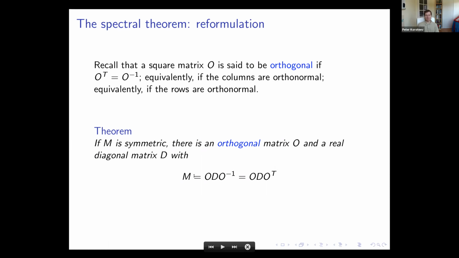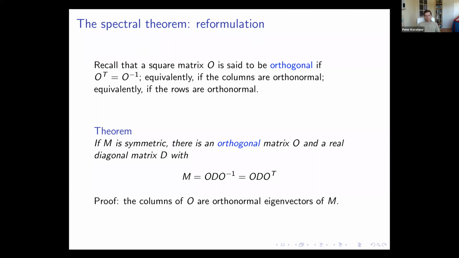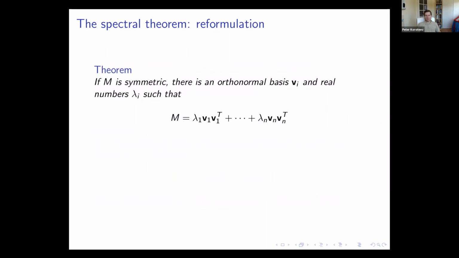In other words, every symmetric matrix can be decomposed into a product of an orthogonal matrix, a diagonal matrix, and the same orthogonal matrix transposed on the right. So the columns of O are orthonormal eigenvectors of M, right?